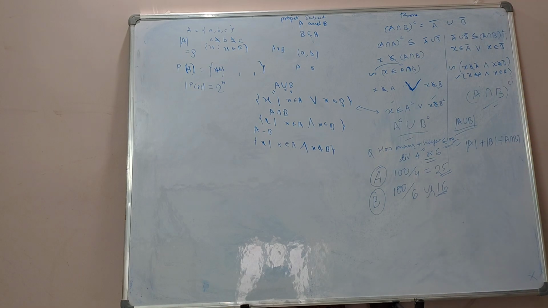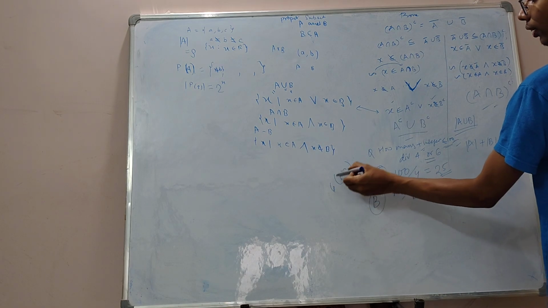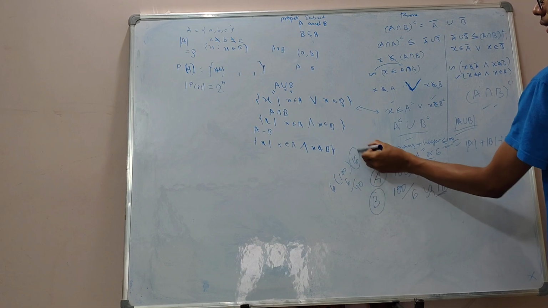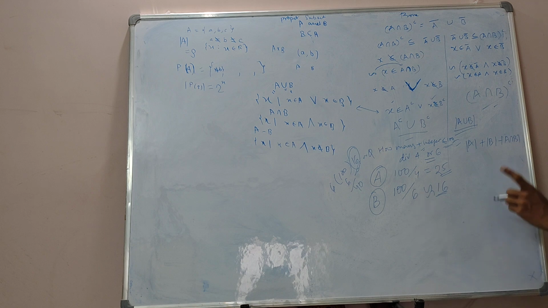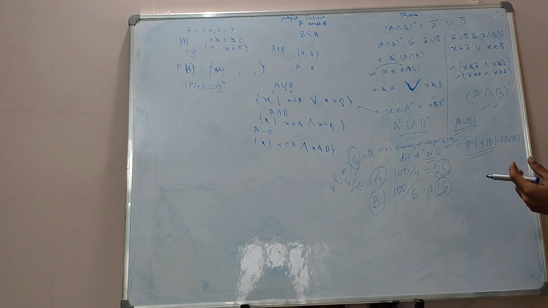There are 16 numbers divisible by 6, so I will take these 16 elements. Now what is happening when I add this and this? I have got these numbers divisible by 4 and these divisible by 6. So I will also get those that are divisible by both.